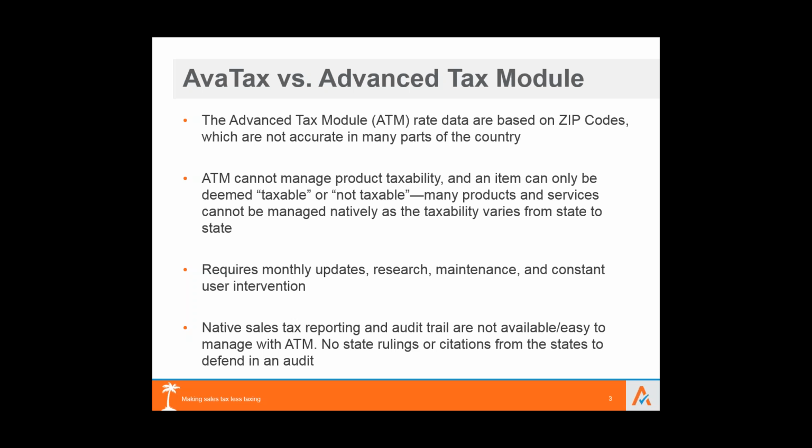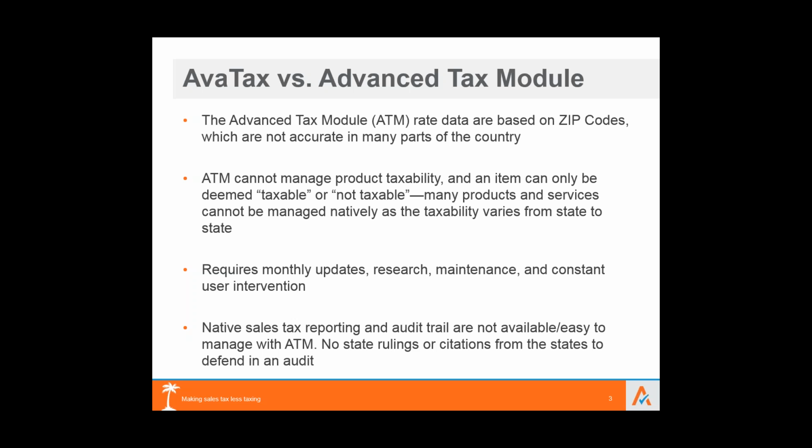The ATM, or the Advanced Tax Module, is only going to deem a product taxable or not taxable. It's not going to have the granularity or the different metrics or matrices that you need for installation services, warranty services, shipping. Is this particular product that you're installing taxed differently in Texas than New Jersey? Avalara is going to be able to handle the different product taxability that you guys look for.